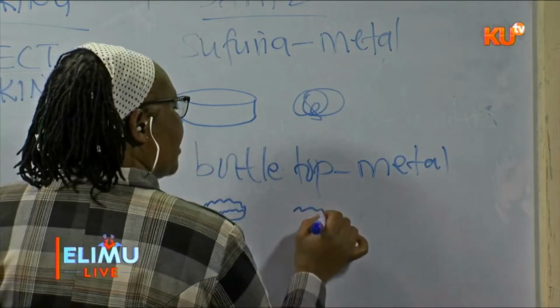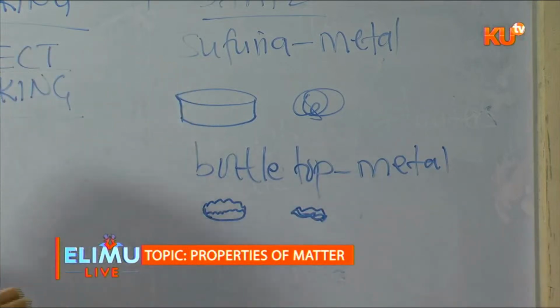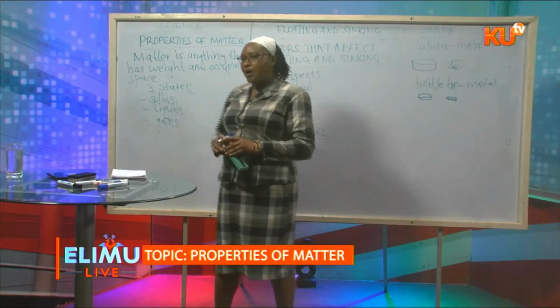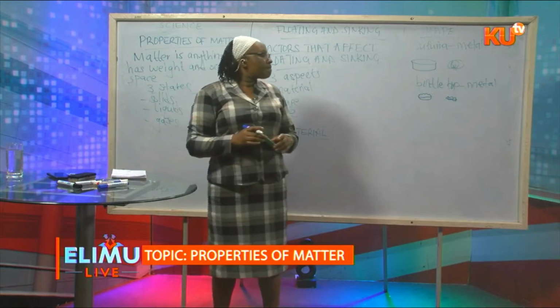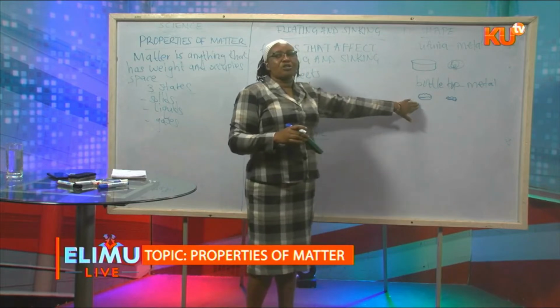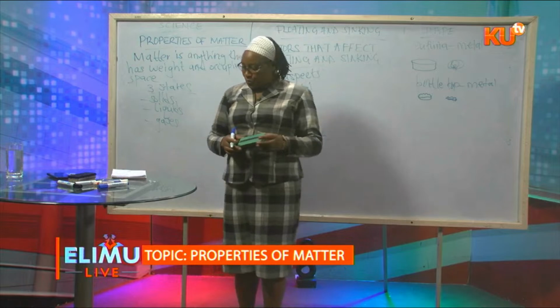If you crush these same bottle tops and you make it something like a ball, you change the shape of this bottle top. So you find that because you have changed the shape, it will sink. That means that this one floated because of its shape. This shape will make it float on water.